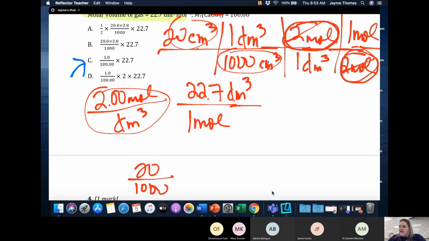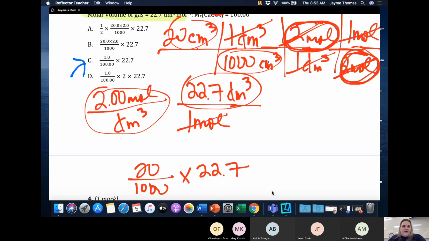So 20 divided by 1,000, all of the ones aren't changing anything. And because we have a 2 on top and a 2 on bottom, we don't need to include them because they're going to cancel out. So the only other thing is to multiply by the 22.7. So 20 divided by 1,000 times 22.7.